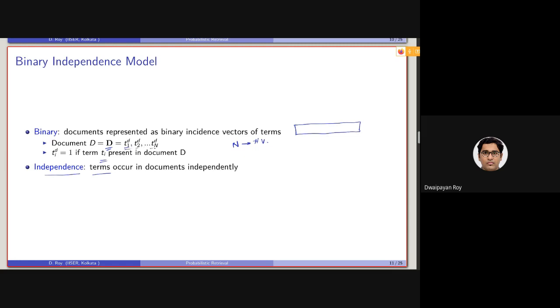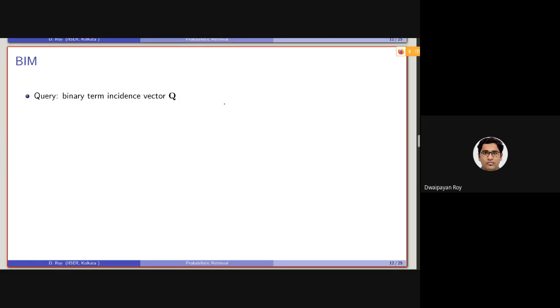It can be TF-IDF, it can be something else. But in this binary assumption, we'll only consider them as 0 and 1. That is, either a term is present or not.